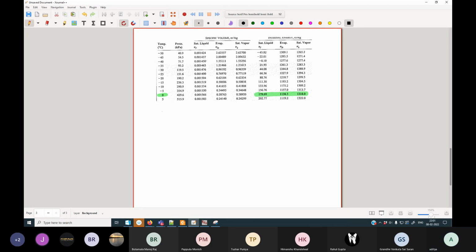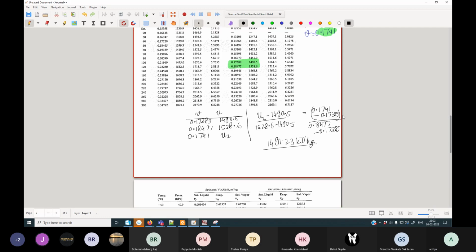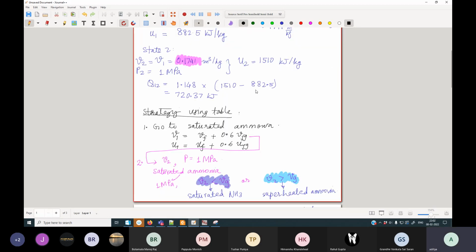What is U1? It's going to be 179.69 plus 0.6 multiplied by 1138.3, because this is Ufg. So 179.69 plus 0.6 times 1138.3, and I get 862.67 kilojoule per kg. You see the offset?